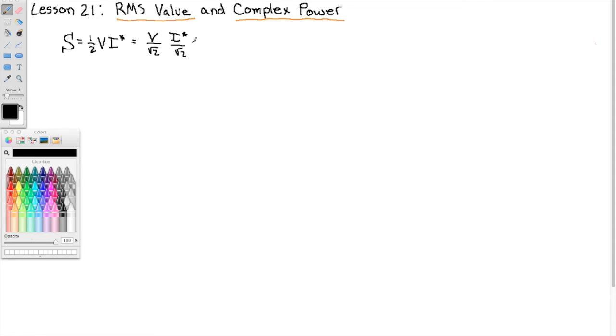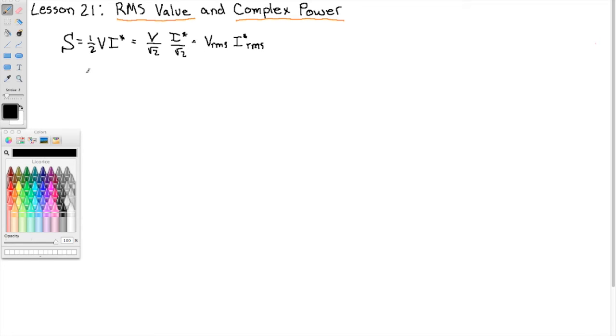So this V over square root of 2, I'm still going to write as V Rms, but we're going to note to ourselves that this V Rms also has a phase angle to it. And I complex conjugate over the square root of 2, I'll write that as I complex conjugate Rms, and that has a phase angle associated with it.